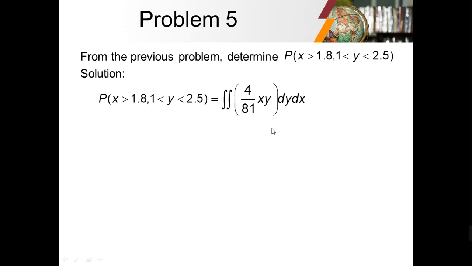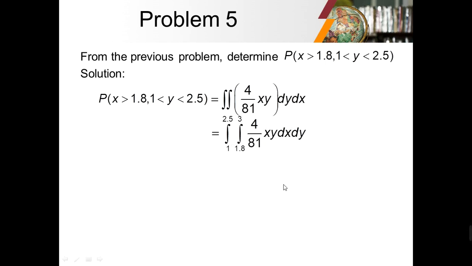Try nyo na lang. Okay? So, ang limits natin for y is 1 to 2.5 and limits natin for x is 1.8 to 3. Okay, I'm sorry. Dito pala ay binaligtad ko siya. Anyway, sabi ko nga sa inyo, pwedeng magkapalit ha. Pag joint, pwedeng magkapalit, basta definite ang limits. O, paulit-ulit na ako dyan.